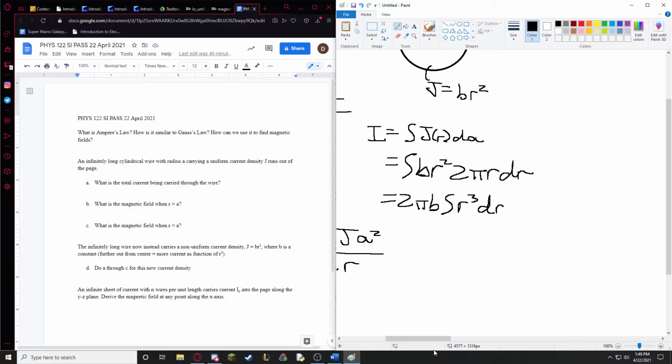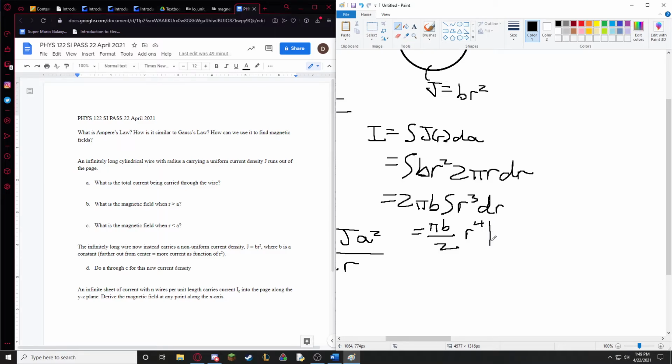R to the n plus 1 over n minus 1? No, you were close there. R to the n plus 1 over n plus 1? Yep, exactly. It's just one fourth r to the fourth. So this is equal to pi B over 2, since the 2 and the one fourth combine, times r to the fourth.